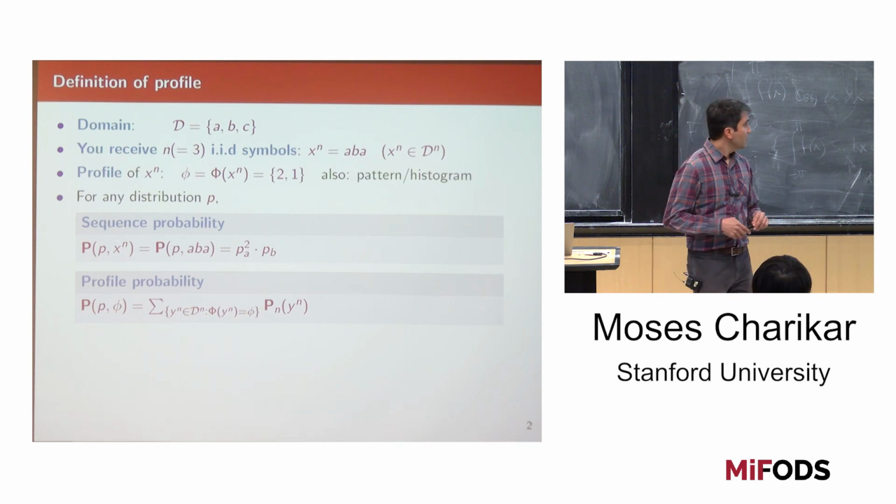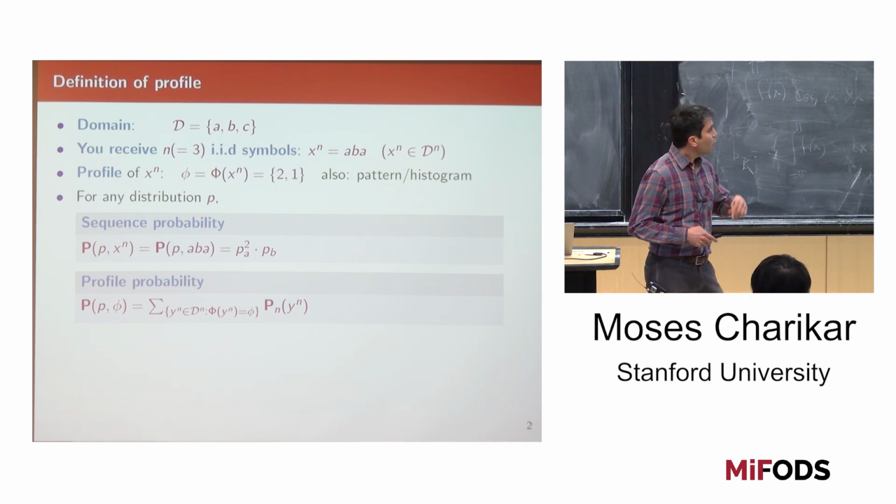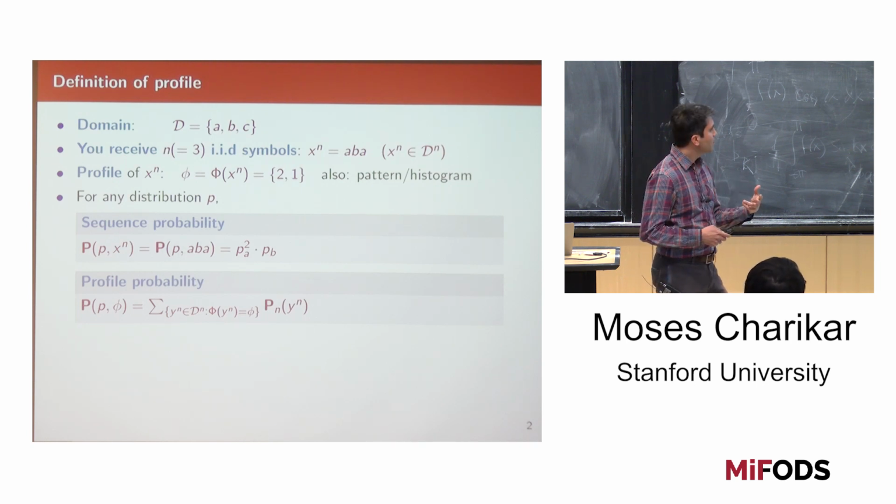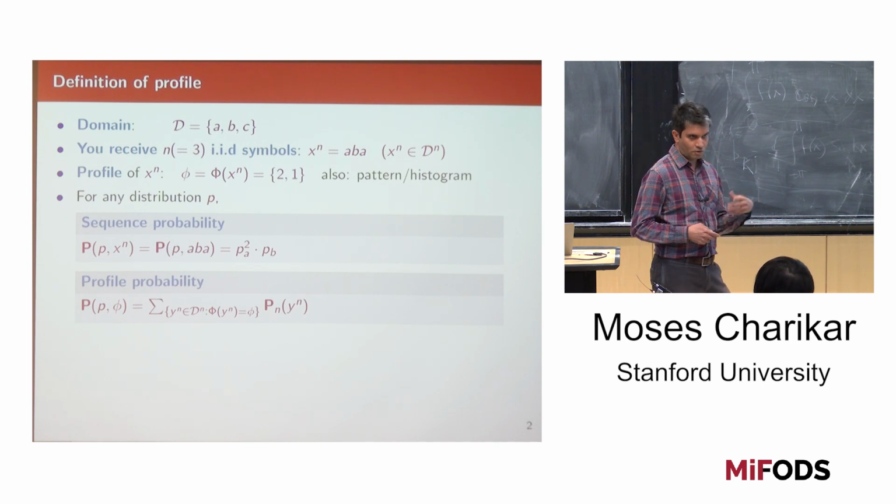Now I say look at all possible sequences of samples where one element is seen once and one element is seen 2 times. Look at all possible sequences of 3 samples that have the profile 2, 1. What's the sum of the sequence probabilities of all of these sequences?